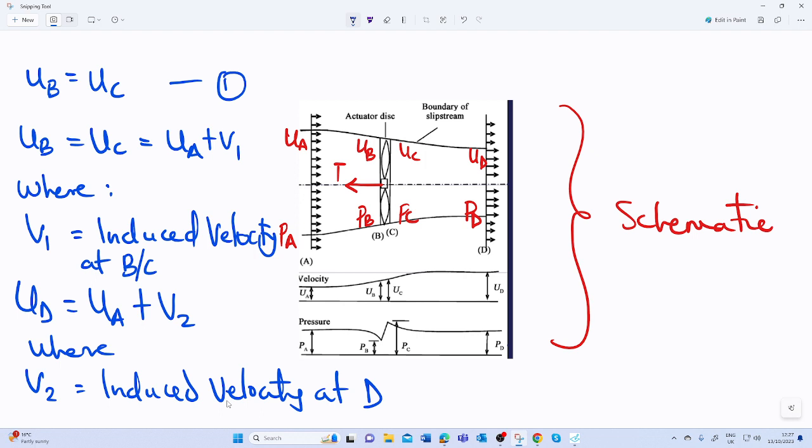Also, the pressure at A equals the pressure at D. That's another equation.